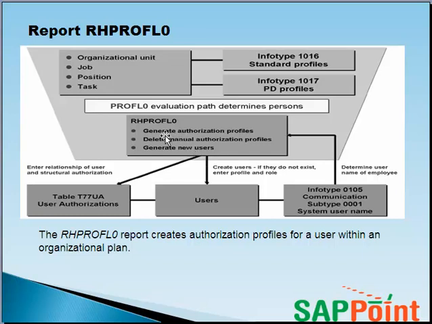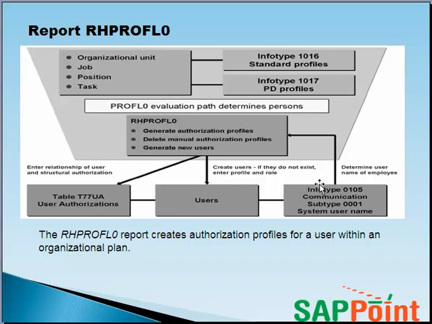Now this is necessary because users also created in the system cannot be entered in the info type 105, that is a communication info type for the person. Now if the user has not yet been created in the system, then it is created automatically. The authorization profiles for all users found in the organizational plan are then entered.